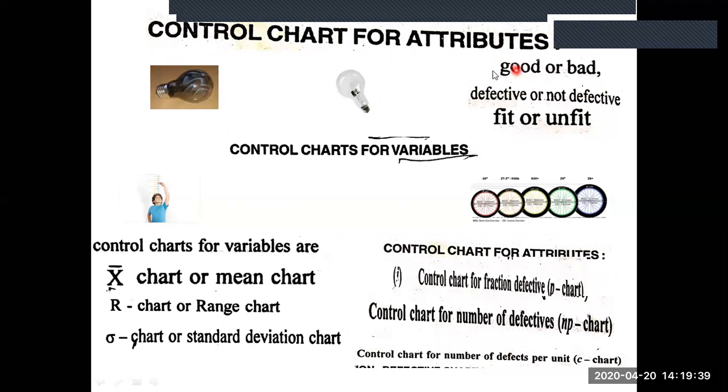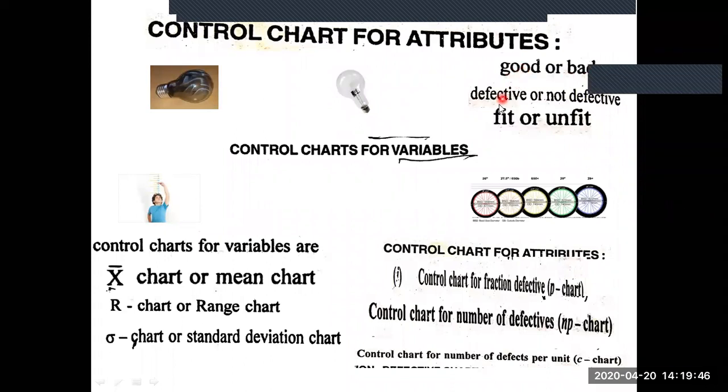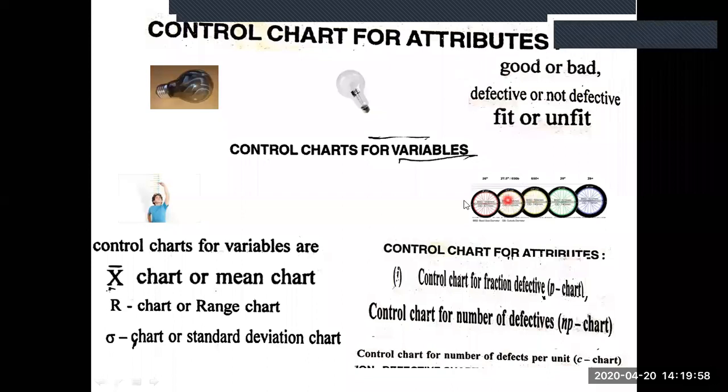So the categories are good or bad, defective or non-defective, fit or unfit. If you cannot measure the problem, you have to do it in the control chart for attributes. Problems that can be measured can be done in the control chart for variables, and problems that cannot be measured are done in the control chart for fraction defective. In attributes we have the P chart, NP chart and C chart.